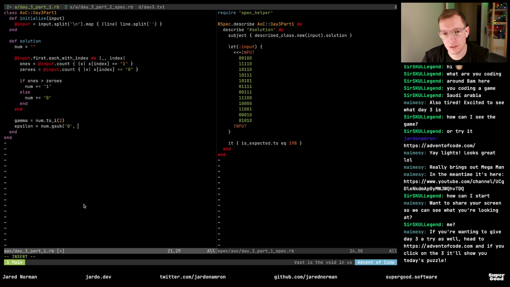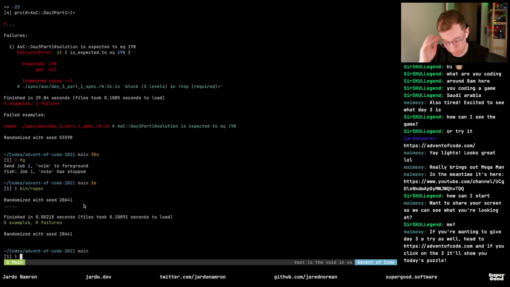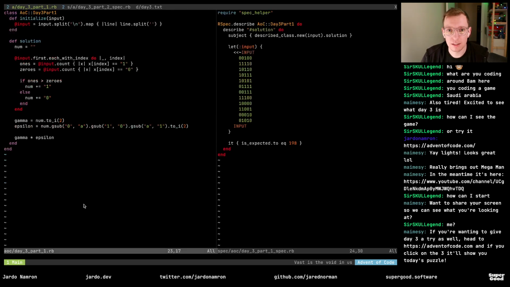There's definitely a better way to do this, but this is what we're doing. We got to multiply these together. Gamma times epsilon. What do you think? Think that works? It works.